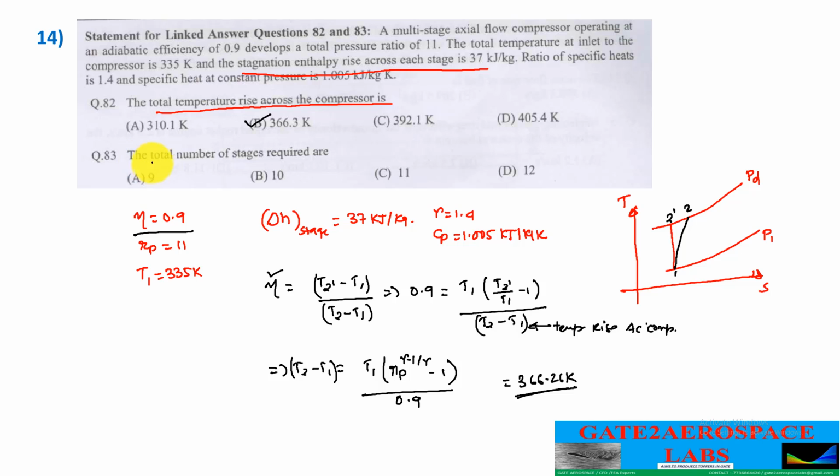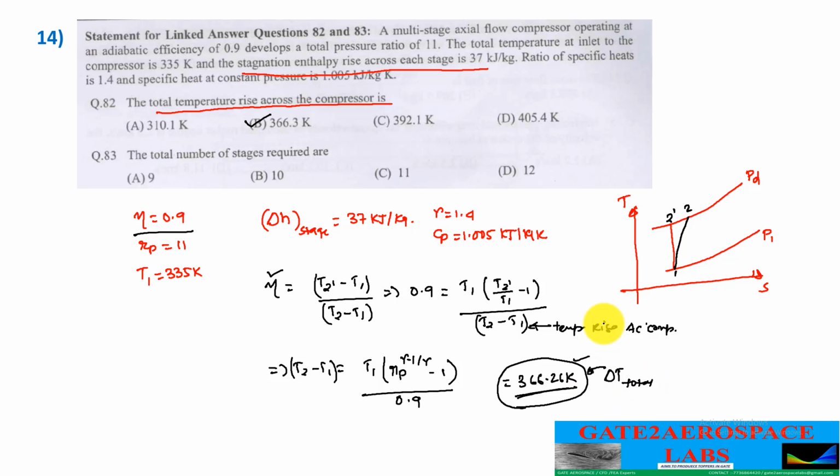Now the next question is the total number of stages. This is the temperature rise across the full compression process, delta T total.